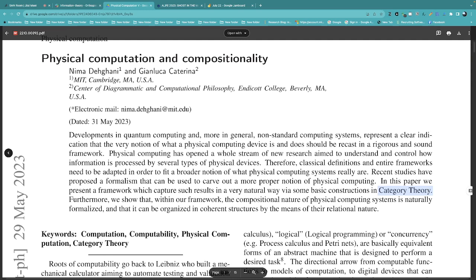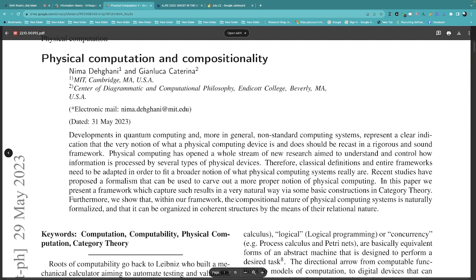You have these categories, they're joined by functors, they have these other types of things like monads and other types of constructions that describe the different aspects of sets and categories and then the relationships between them. So it's a functional theory, and maybe it's a good tool for this. We'll see. Furthermore, we showed that within our framework, the compositional nature of physical computing systems is naturally formalized.